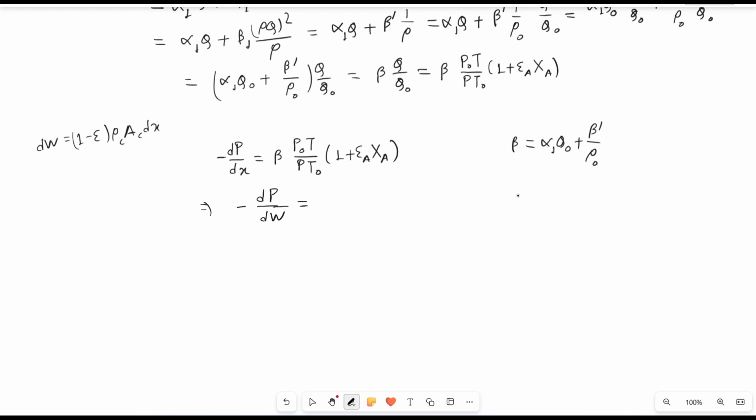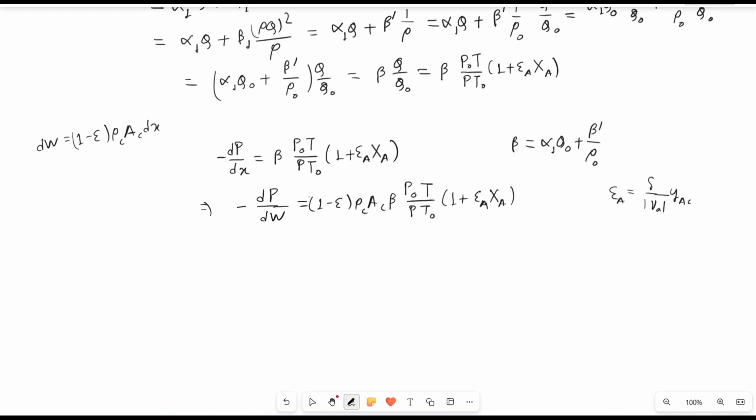dP by dx, 1 minus epsilon rho c Ac, beta T naught T by PT naught, 1 plus epsilon A xA. Here epsilon is, for a single reaction, the change in moles, the change in the stoichiometric coefficient, divided by the stoichiometric coefficient of A, into yA naught.